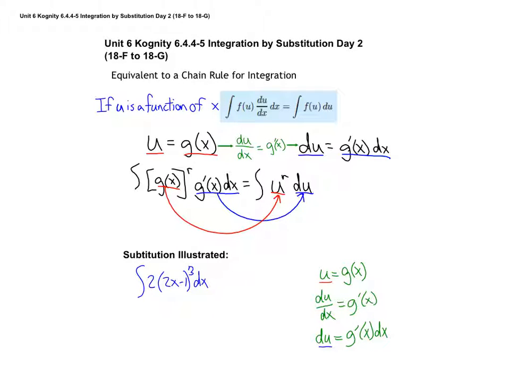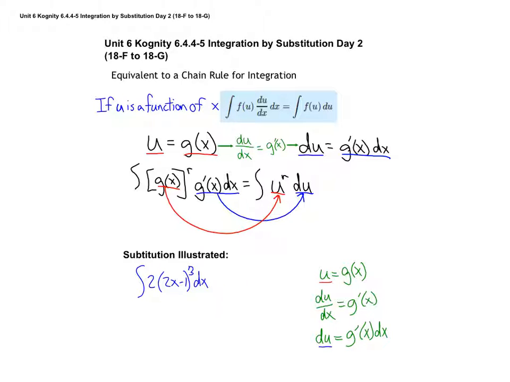So we've looked at dealing with composite functions where the inside is a linear function. And what I want to look at here is actually a process where we can handle composite functions where the inside is not a linear function.